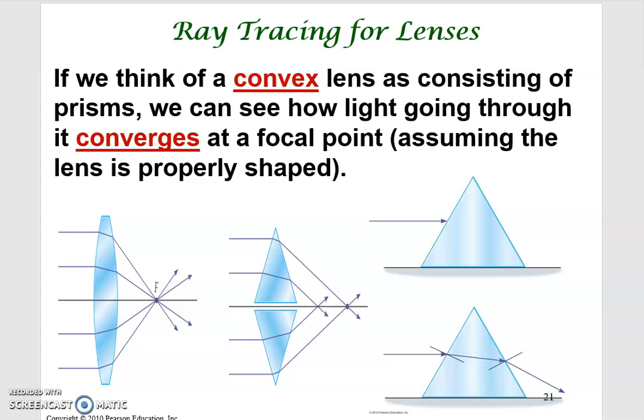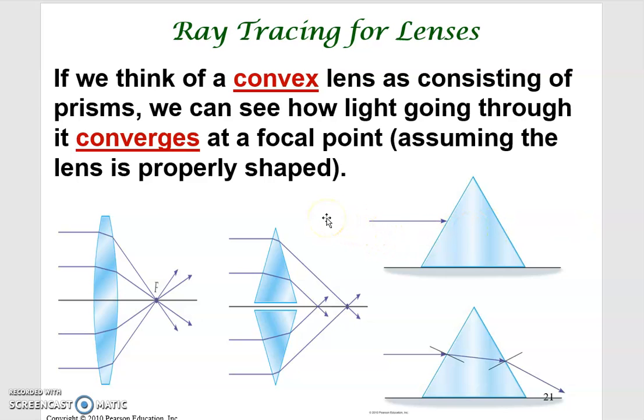But why can the convex lens converge the light? Let's assume that the convex lens is composed of prisms. The upper one is composed of prisms of this shape. We just learned the law of refraction.